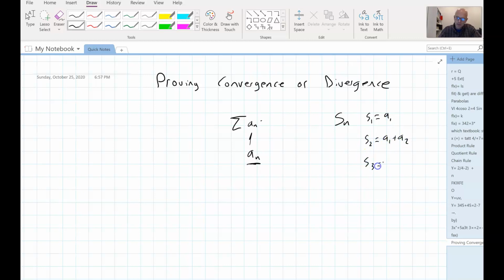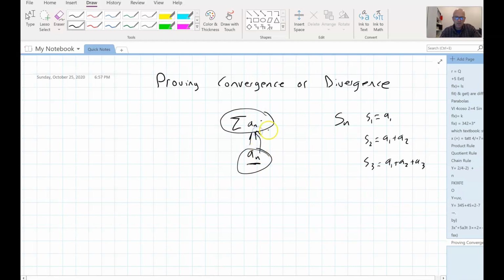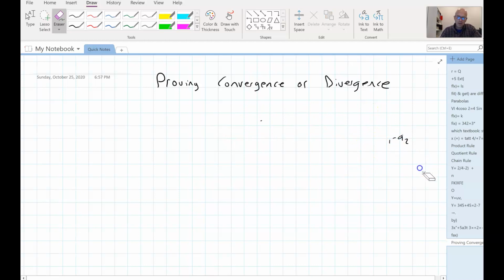S sub 3 would be equal to A sub 1 plus A sub 2 plus A sub 3, etc. So there's the series, there's the sequence that the series is adding up, and then there's a sequence of partial sums. All of these are intertwined or interconnected. And whenever you're talking about them in the proofs, you need to be clear what it is you're talking about.